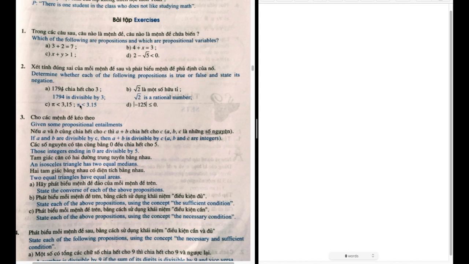C. Pi is less than 3.15, and D. Absolute value of negative 125 is less than or equal to 0.